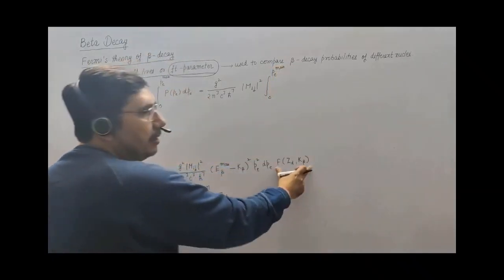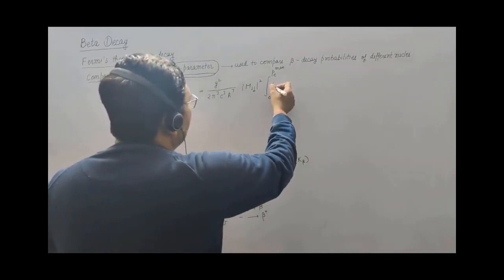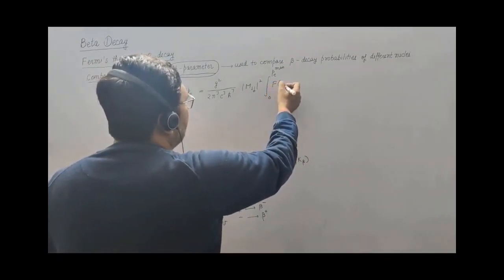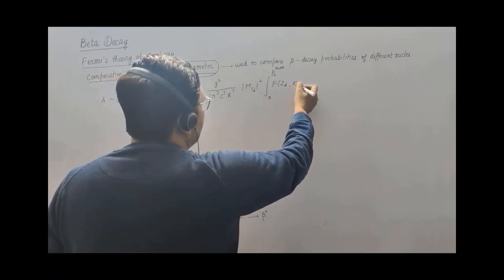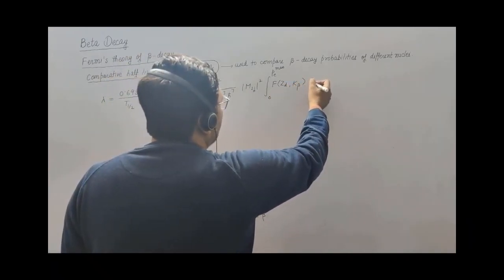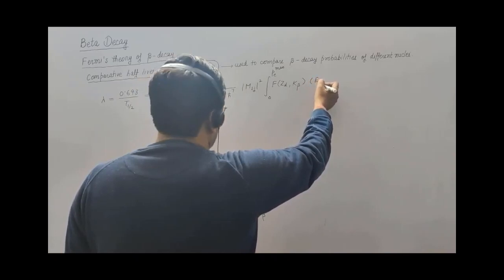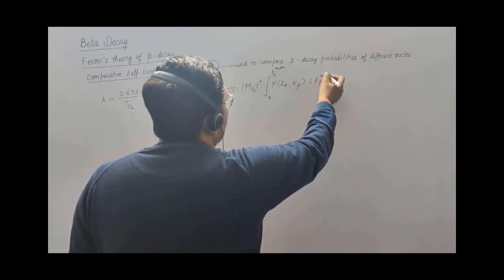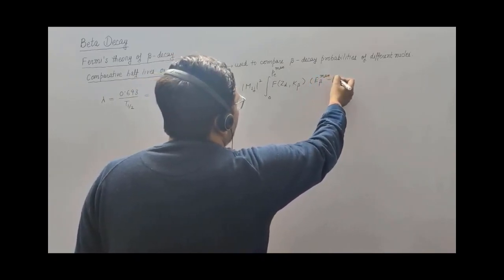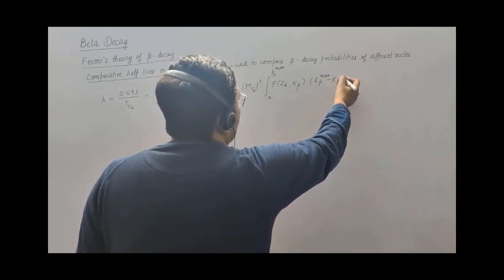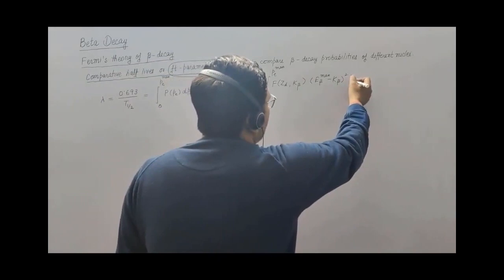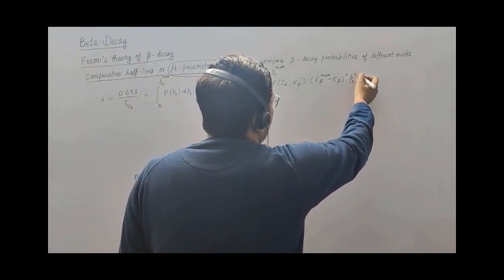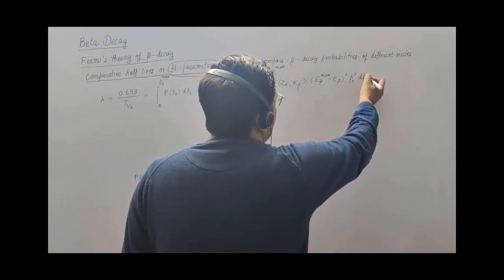I am writing the correction factor first. So this will be F ZD K beta, and here this will be E beta maximum minus K beta, square of this. This will be PE square into dPe.